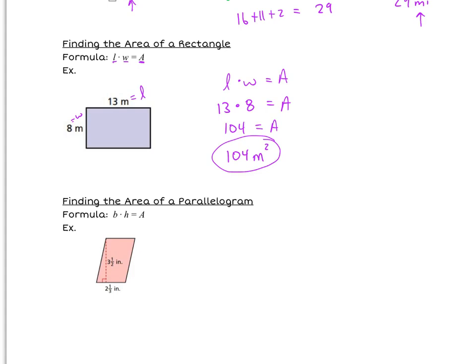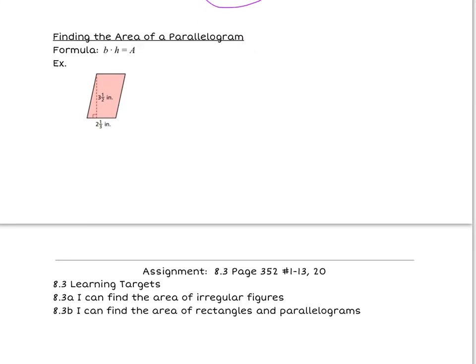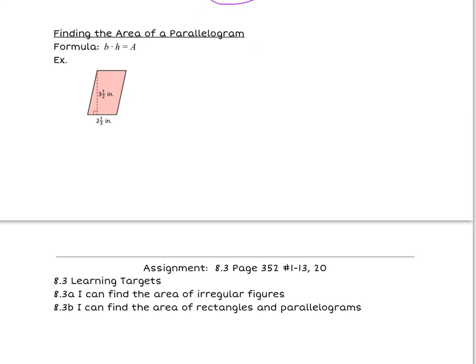Then we go to the parallelogram. And this one is almost exactly the same formula. They just use B and H for base and height. Some people will actually use base and height for their rectangles as well, instead of length and width. It does not matter to me as long as you know which ones you're talking about.